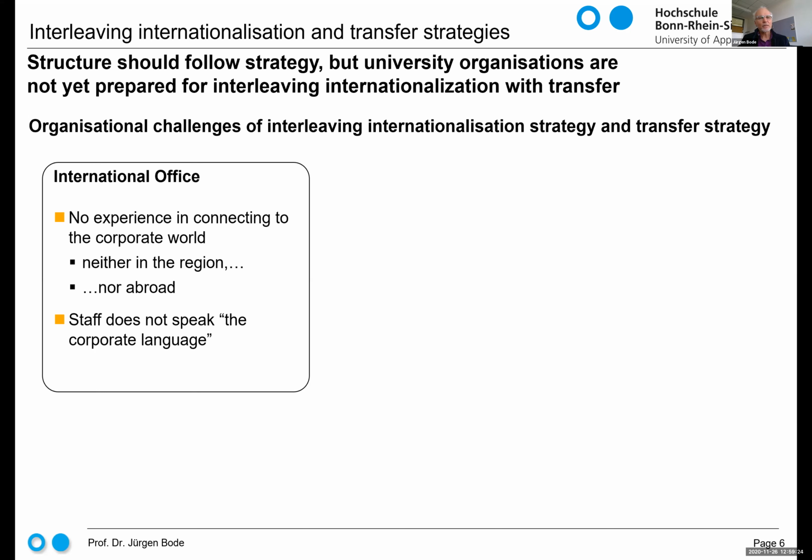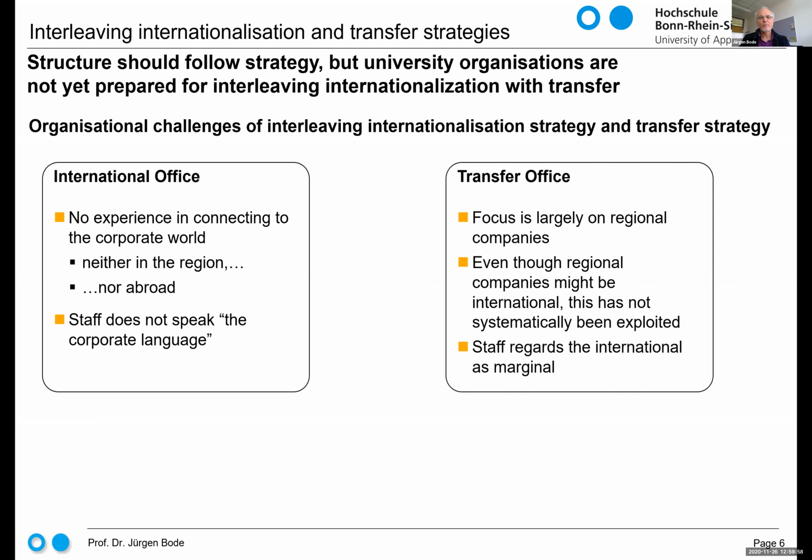The staff in the International Office are enthusiasts of international academic exchange, but they do not speak the corporate language. And it is very difficult to create a connection between companies and the International Office and come to a productive exchange, because the International Office does not quite understand what is beneficial for the companies, and the companies do not quite understand what is the aim of the International Office.